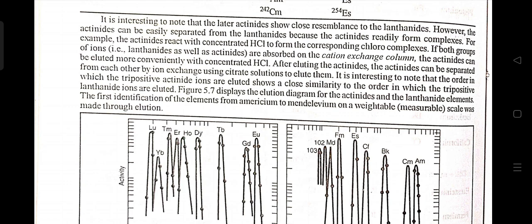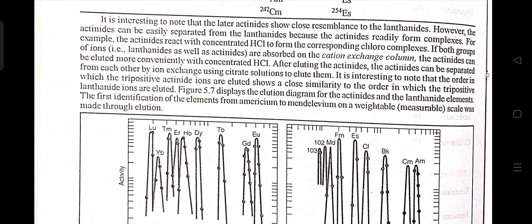After eluting, the actinides can be separated from each other by ion exchange using citrate solutions to elute them. It is interesting to note that the order in which tripositive actinide ions are eluted shows a close similarity to the order in which tripositive lanthanide ions are eluted.